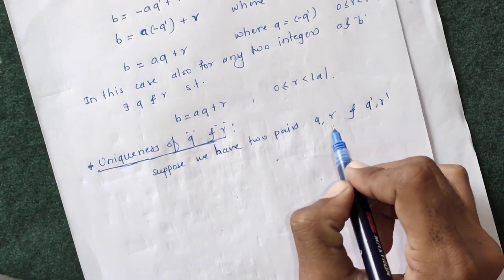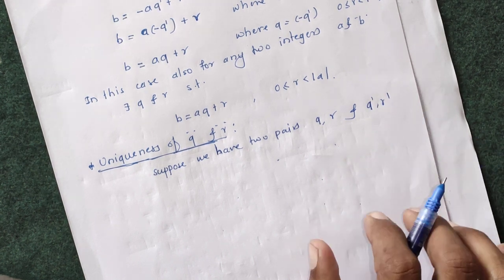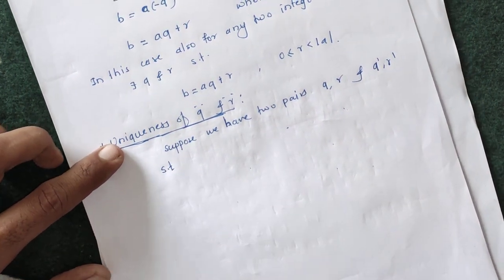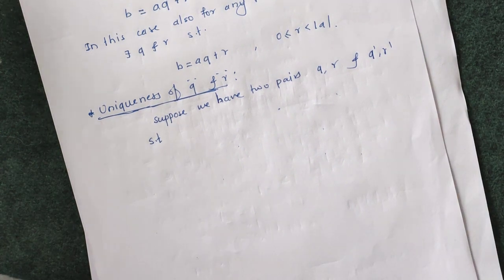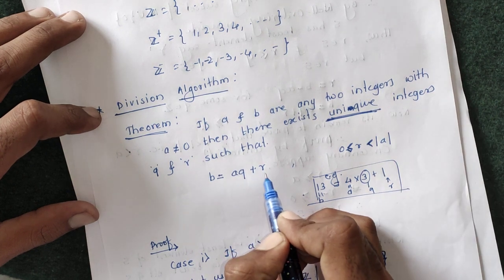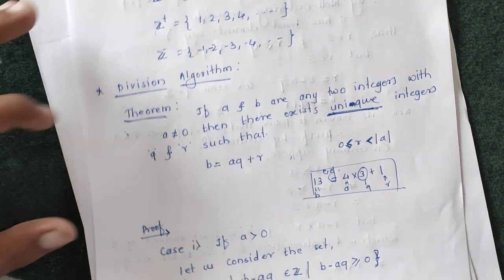That is, there are two pairs of q and r, q r and q prime r prime, such that b can be written in the form aq plus r and b can also be written in the form aq prime plus r prime.